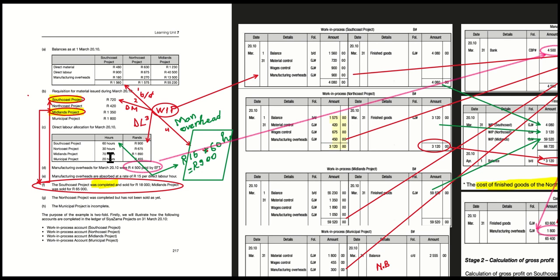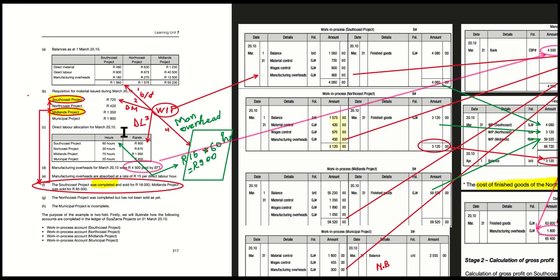For direct material, we would need to take into account opening balances, direct labor, or when we talk about the work in process, we would need to take into account direct material opening balance, direct labor opening balance, manufacturing overheads opening balance. Right.